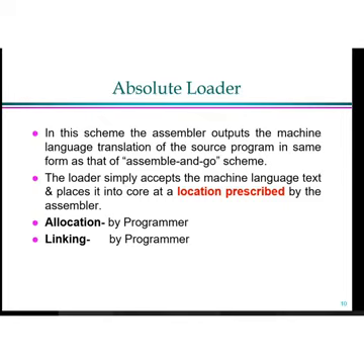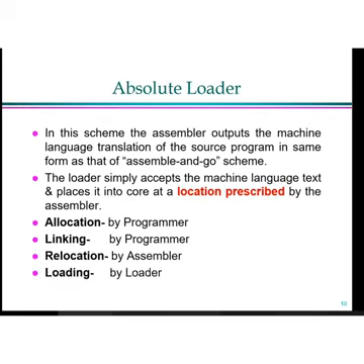As a programmer, you know where your next procedure is, so you can directly put the addresses there. So linking is also done by the programmer because the programmer knows the addresses in advance. Only relocation is done by the assembler if required. Probability is very low, but if required, meaning the calculation of addresses needs to be changed, that can be done by the assembler, and only loading will be done by your loader.